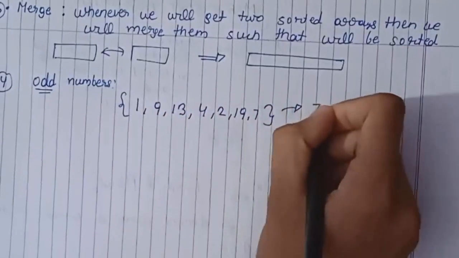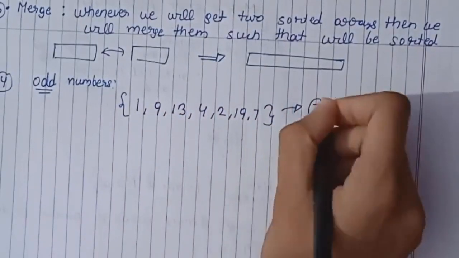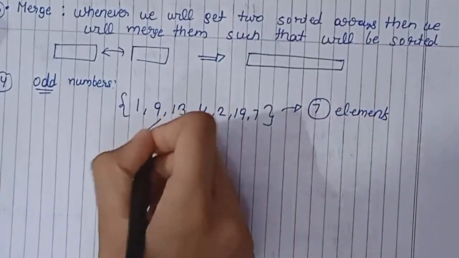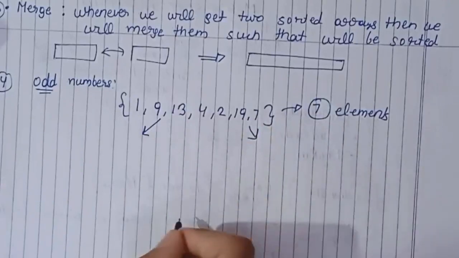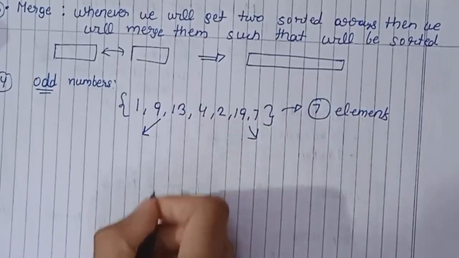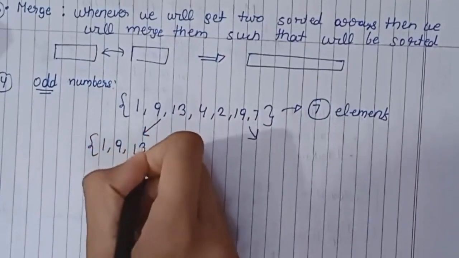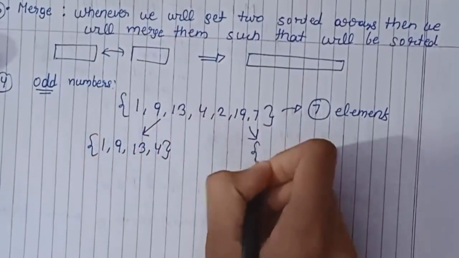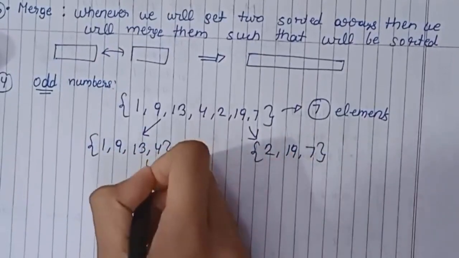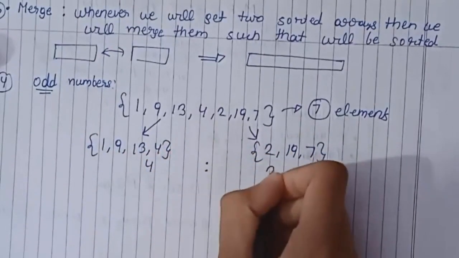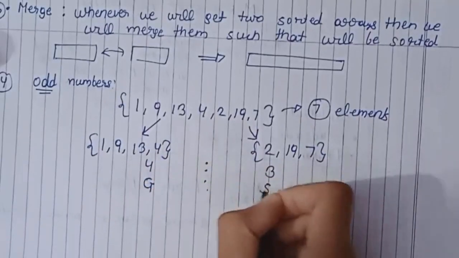This array has a total of 7 elements, and 7 is an odd number. If I want to divide this array into parts, then there are two possibilities. The first one is 1, 9, 13, 4, and the second one is 2, 19, 7. That is a ratio of 4 to 3, that is greatest to smallest.